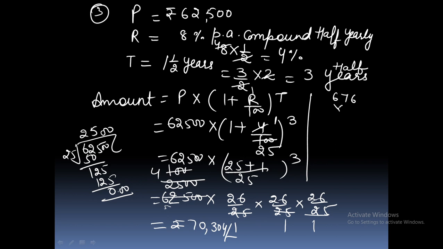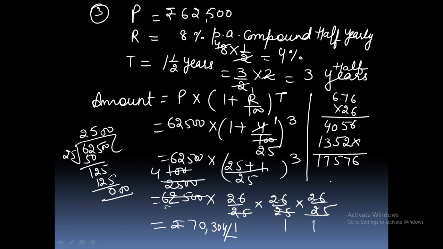You can multiply here 26 into 26, 676, then multiply again by 26. 6 6s are 36, 6 7s are 42 plus 3, 45, 6 6s are 36 plus 4, 40, 6 2s are 12, 7 2s are 14 plus 1, 15, 6 2s are 12 plus 1, 13, 6 7s are 5, then 7 1 is 7.